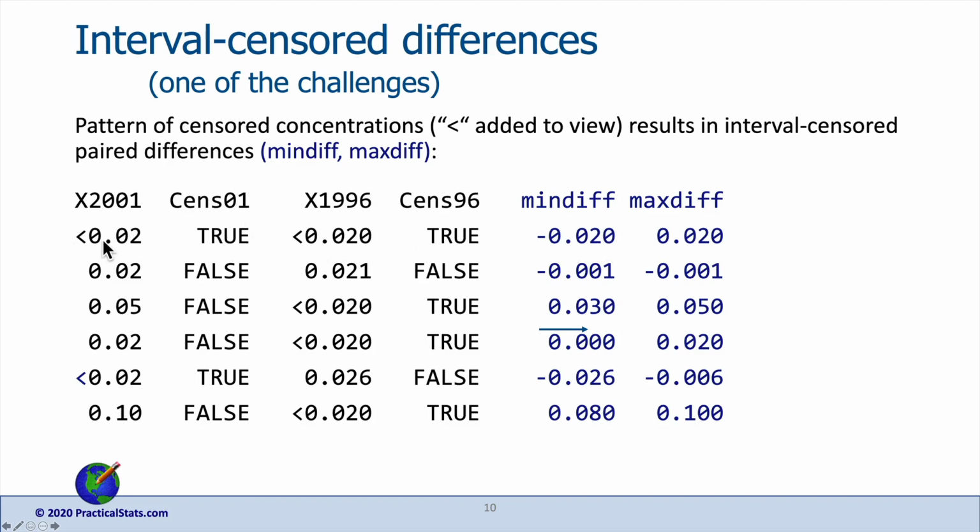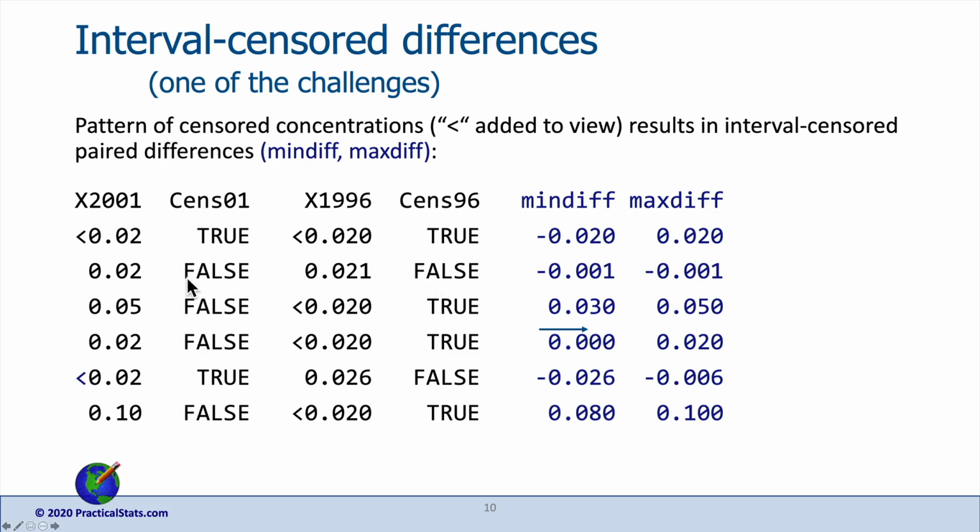But if it had been actually a 0.02 in 2001 and a 0 in 1996, it would have been a positive 0.02. And any values in between those would give me values in the differences between those two extremes. So we can compute the range of possible values with censored data and have two columns that represent the differences.